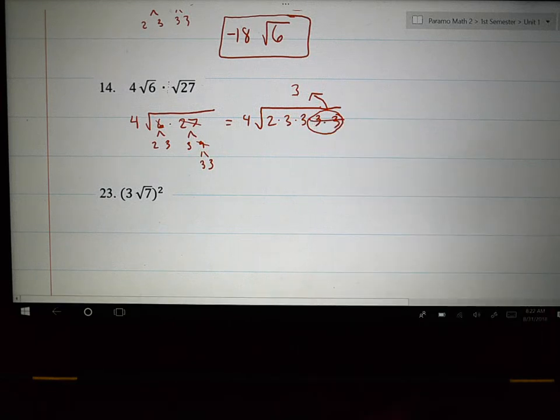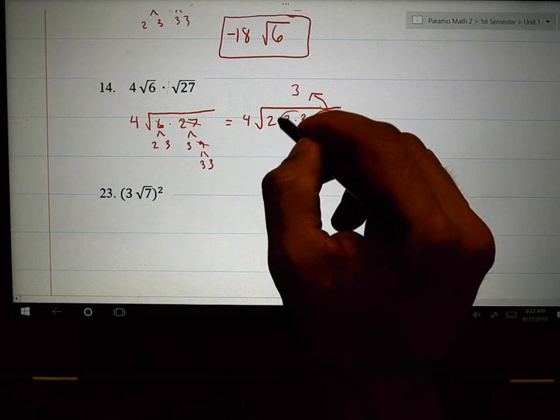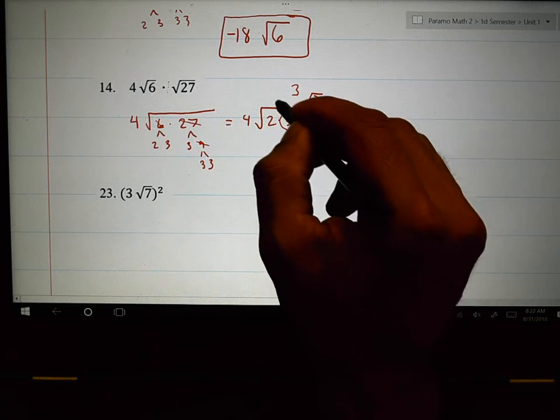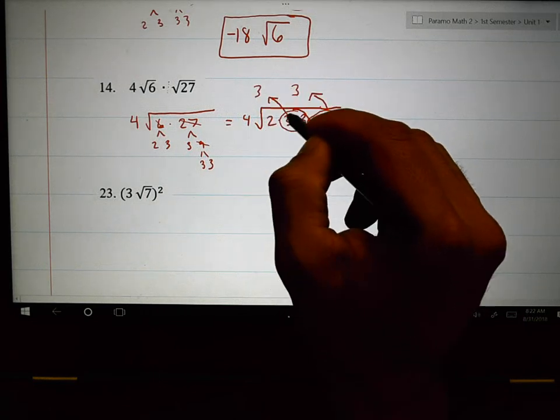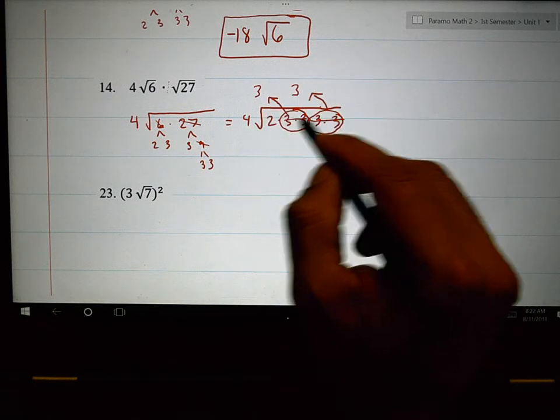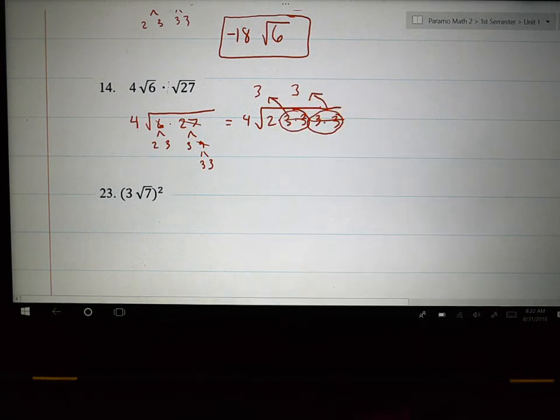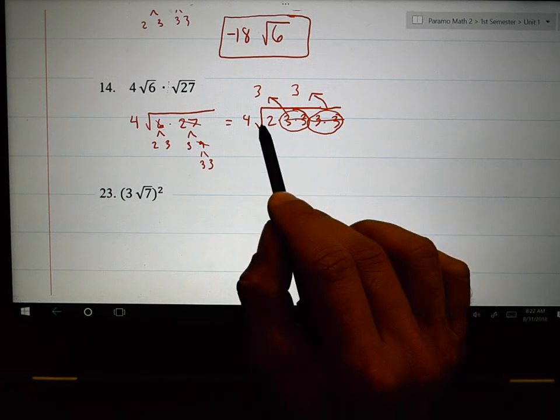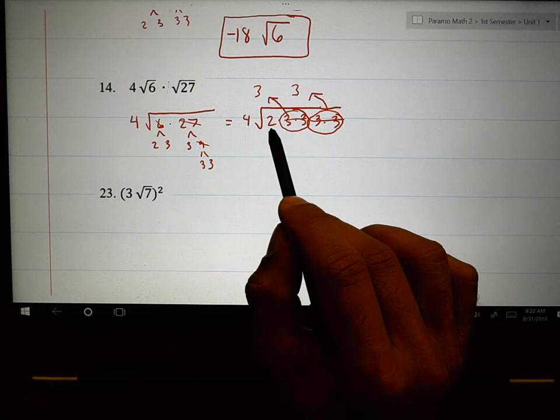Do you have any other pairs? Oh, I see another pair of 3s. Breaks out, cross them off. How many break out? Only 1 per pair. And I had 2 pairs, so 2 of the 3s break out. Now, what do I do with the numbers? Anything left inside the radical stays inside the radical.